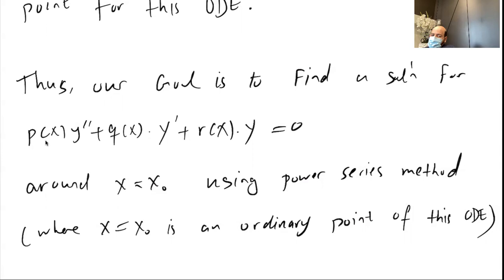So for now, we assume that it's not a root of P of x, and we want to consider a power series function, which is a solution for this, and the power series is supposed to be defined at least around x equals x naught. Around x equals x naught means to the left and to the right side of that point, or more technically, on an open interval containing that point.